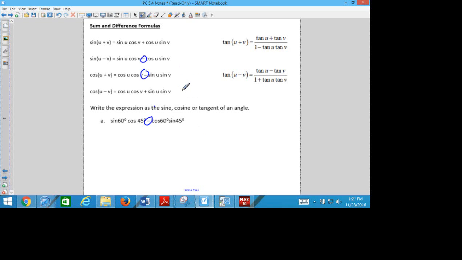And then I look and this says sine, cosine. So it has to be this one. So I'm just going to rewrite this as sine of 60 minus 45. And then I'm going to simplify that, and rewrite it as sine of 15 degrees.